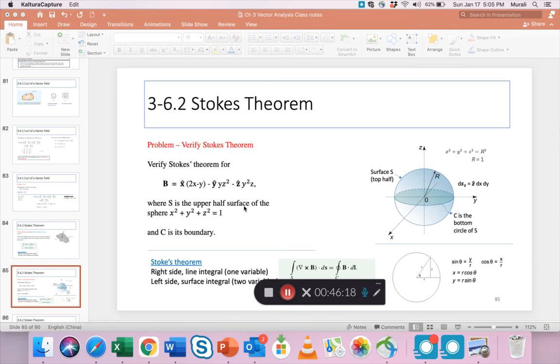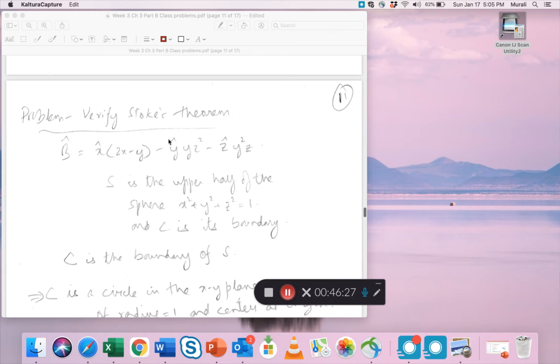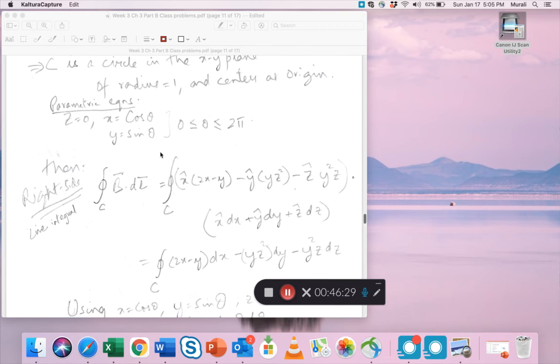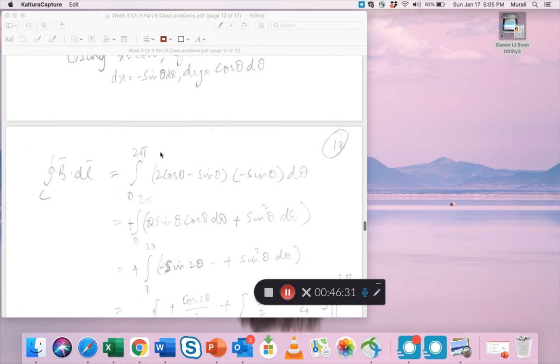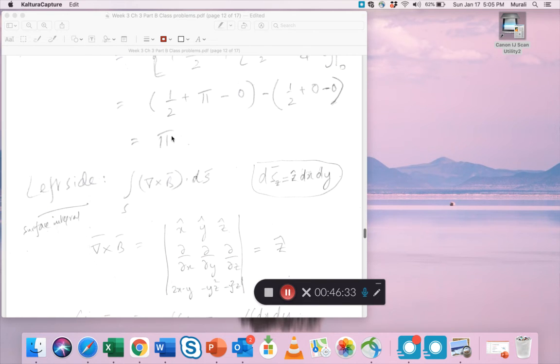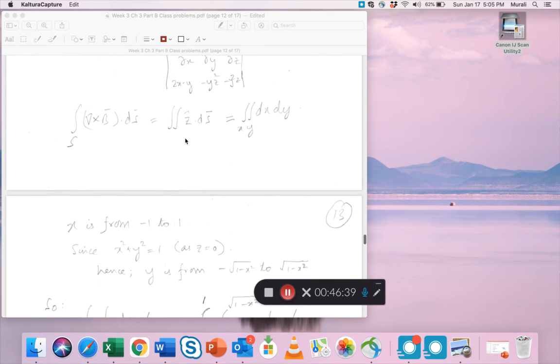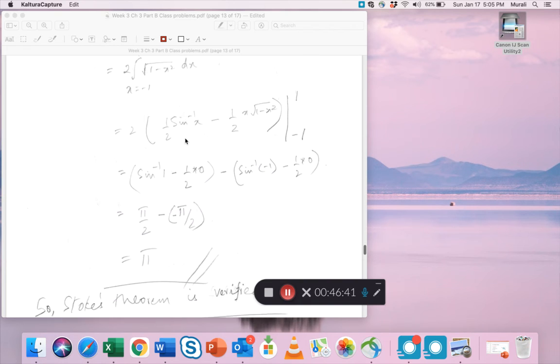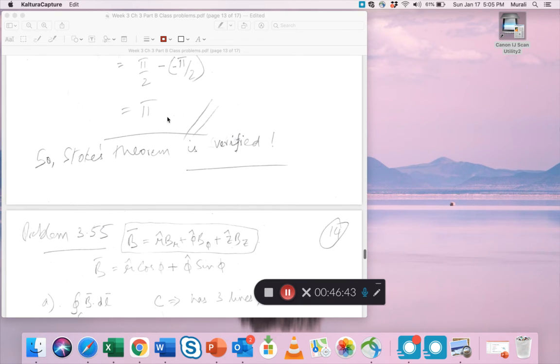So knowing that, if you carry out the integration, it works out to be the same. Okay, so this is verify Stokes theorem. So go through the steps yourself. You get an answer of the value of the integral is pi on the right side, and then you do the surface integral, you get pi, so Stokes theorem is verified.